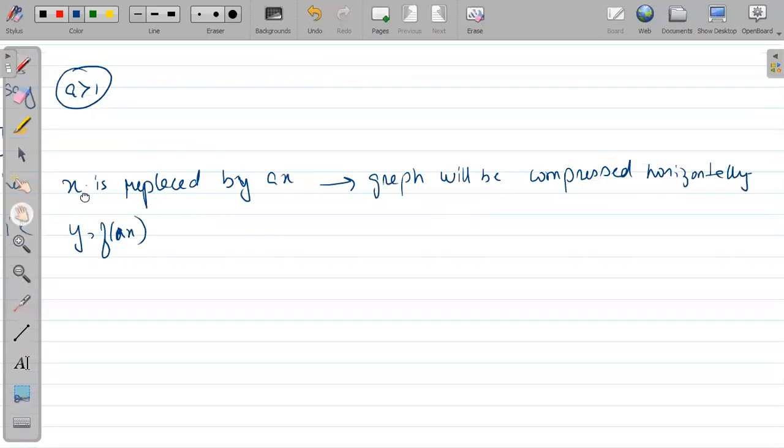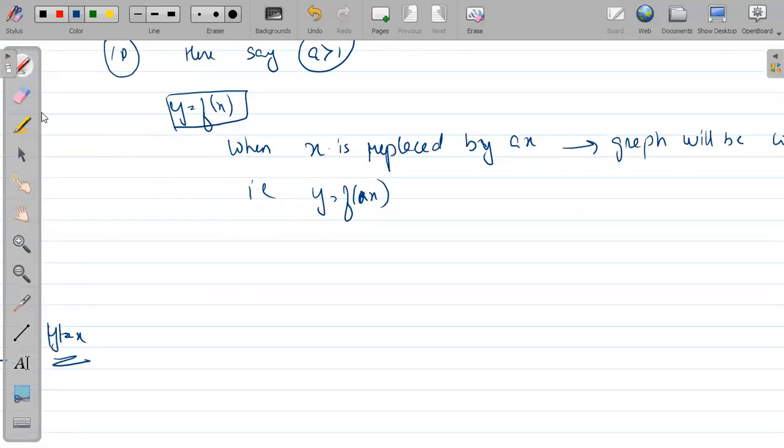Wherever you are writing f of ax, x has been replaced by ax, where a is greater than 1. The graph will be compressed horizontally.